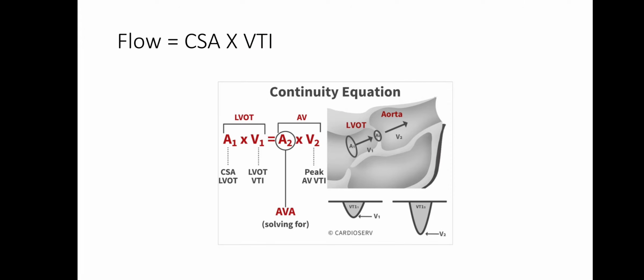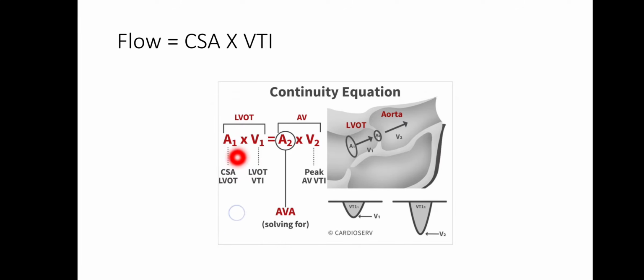So flow can be calculated by multiplying cross-sectional area and VTI, or in case of velocity, cross-sectional area multiplied by velocity. So the flow at the LVOT will be equal to the cross-sectional area of the LVOT multiplied by the LVOT VTI, and flow at the aortic valve will be aortic valve area multiplied by aortic valve VTI.